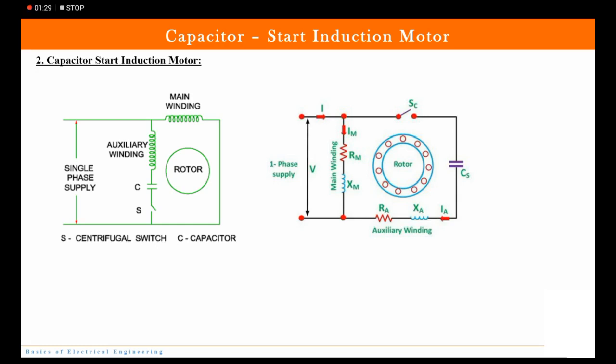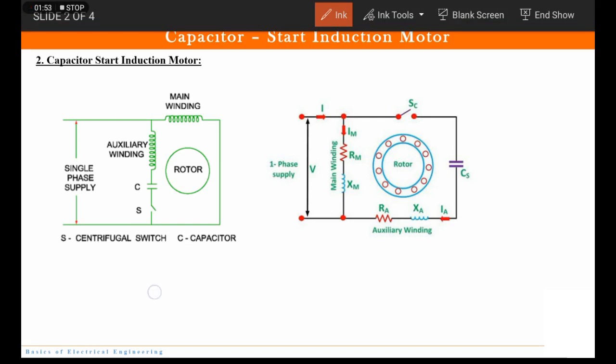It means that this starting torque is also proportional to alpha. And our main concentration was on how to increase this alpha. What was alpha? Alpha was the angle between the starting winding current and main winding current, right?